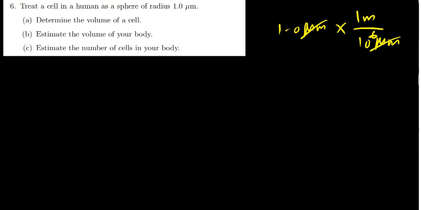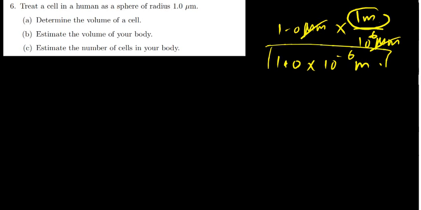So we're going to have 1.0 times, it's the same as we put 10 to the power negative 6. I've just removed this part, meaning it has become meters. So this is what we're going to be using: 1.0 times 10 to the power negative 6 meters.